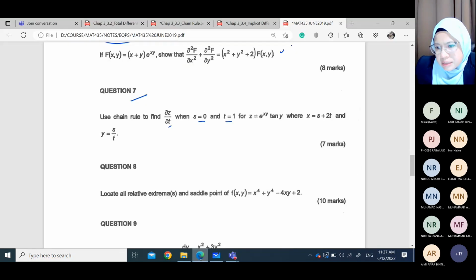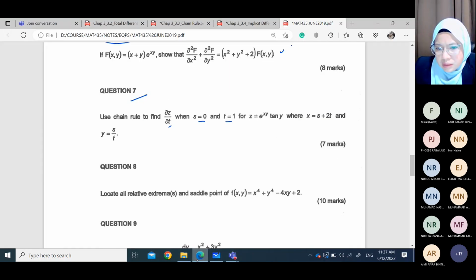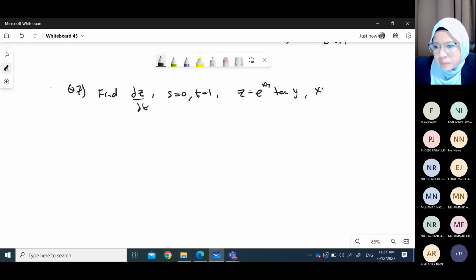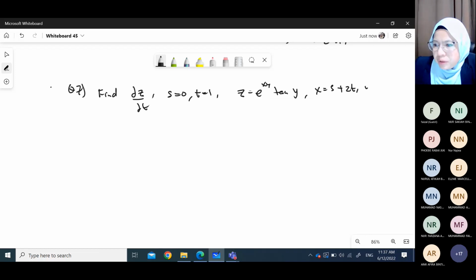And z is exponent xy tangent y. X is s plus 2t. Lagi satu apa? Y is s over t. So y equals s over t. The question asks you to use chain rule.